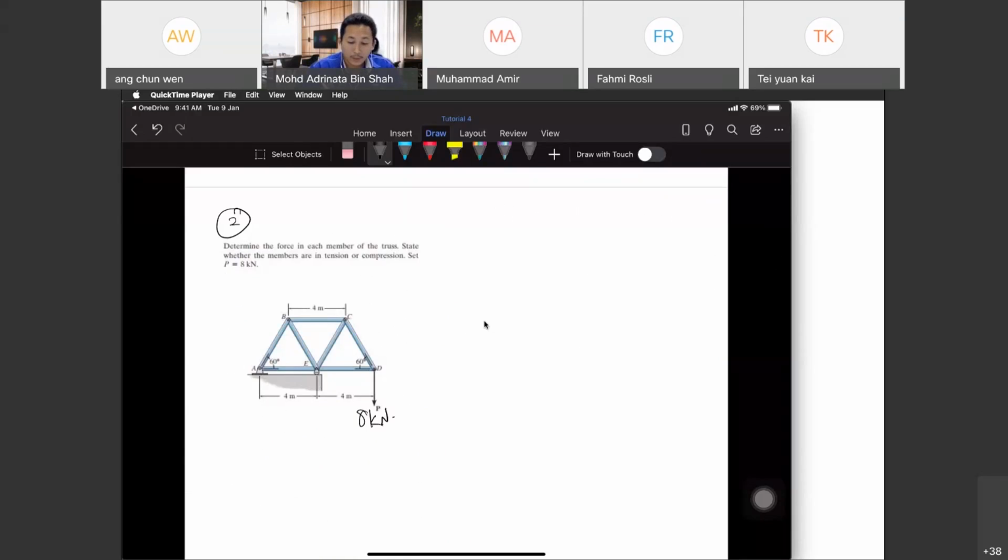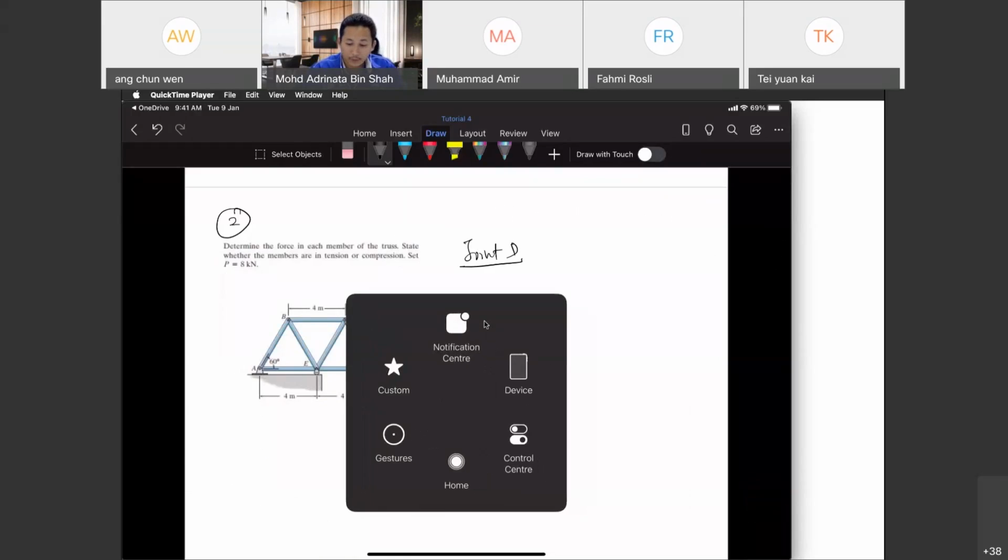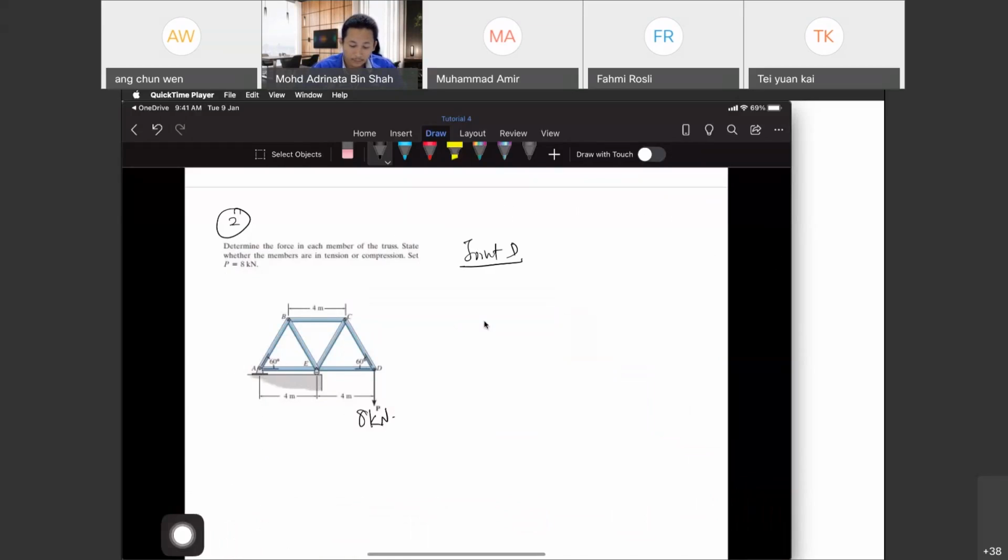So we look at joint D. So for joint D, we have this angle is 60 degree.